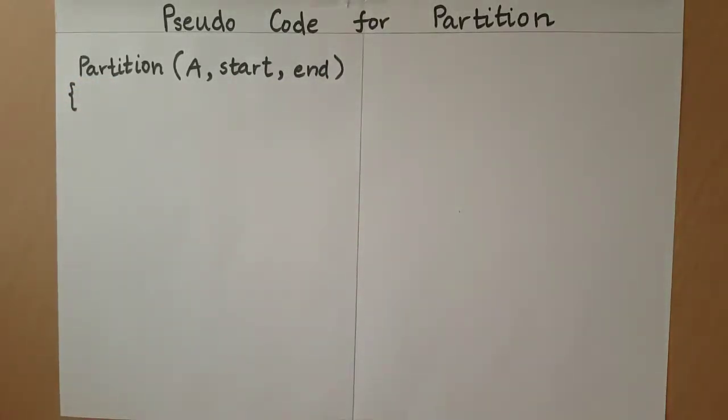The first step of the partition algorithm is to choose a pivot. The pivot can be chosen as any of the elements of the array. For convenience sake, we are going to take the pivot as the last element of the array.